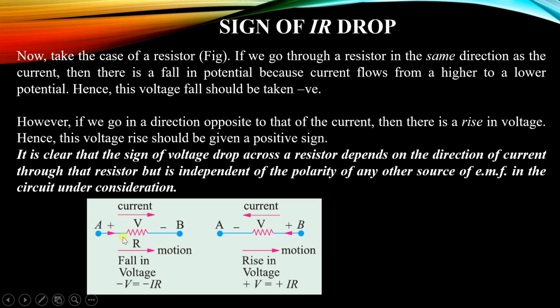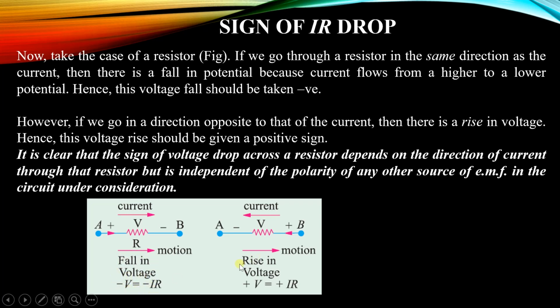Meaning if the current direction is the same as the direction through the resistor, as shown in this figure, the current is flowing in the same direction, A to B, this is called a fall in voltage and we consider it negative.